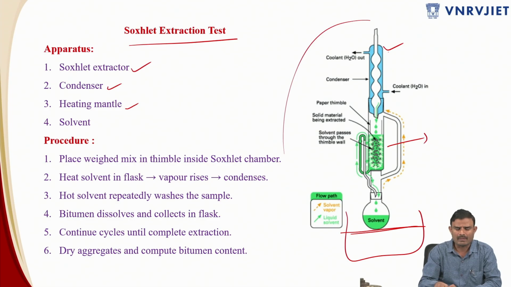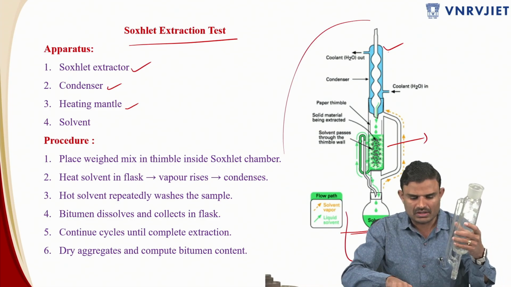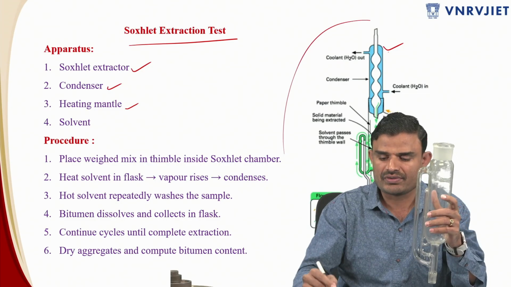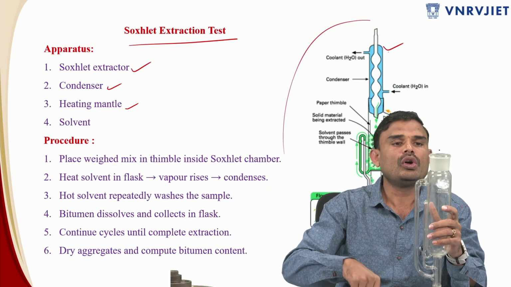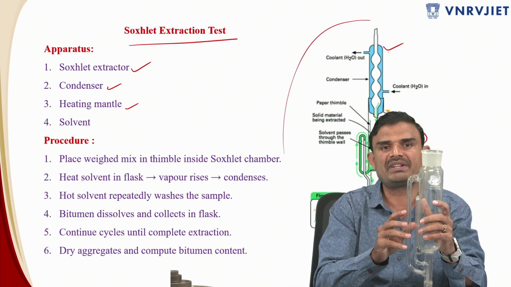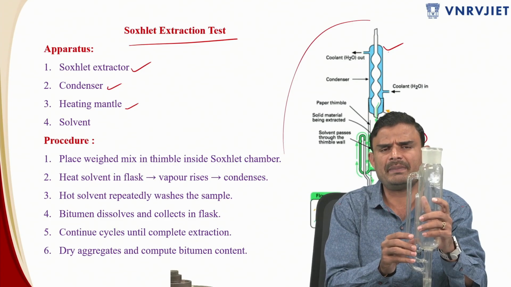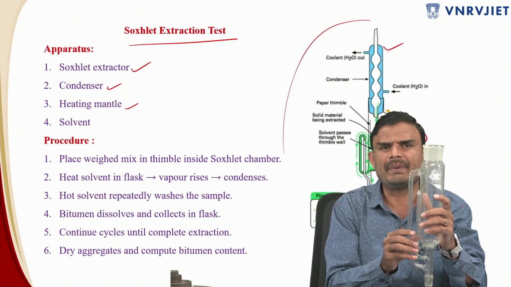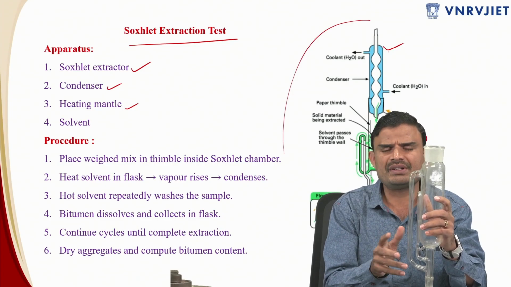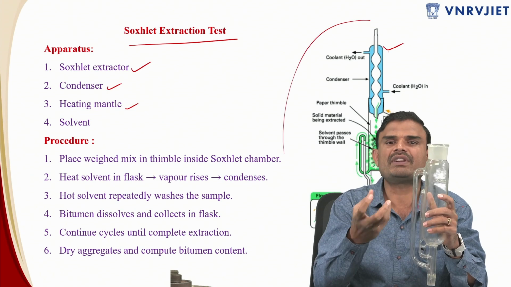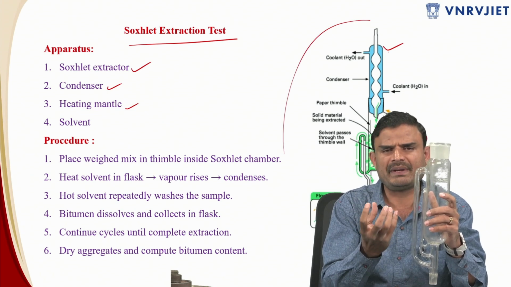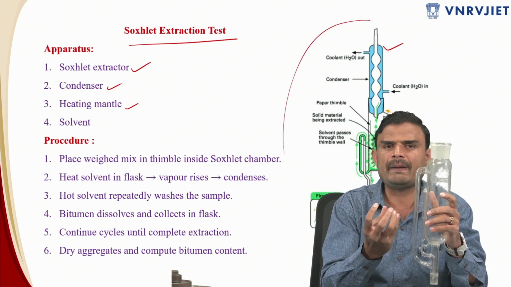I've got some apparatus along with me. So this is basically the Soxhlet extractor. You have to take the bituminous loose mixture, but in this experiment you need not soak the loose mixture beforehand. You have to take some amount of bituminous mixture and place it in a paper thimble.